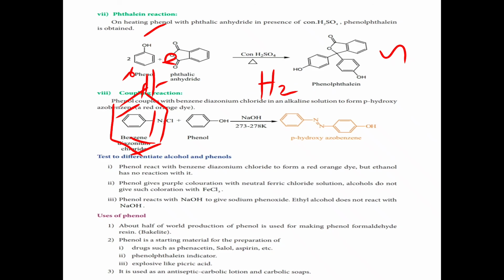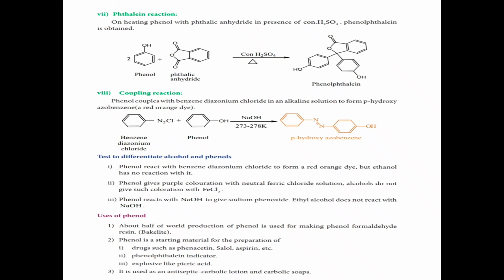Yes, the next one is the coupling reaction. This is also a very important reaction. Here the dye is prepared. How is the dye prepared? Otherwise called the coupling reaction, or para hydroxyazobenzene. Three different types of questions may arise in the examination. Benzene diazonium chloride plus phenol gives, with NaOH at 273 to 278 Kelvin. Here H from phenol and Cl from benzene diazonium chloride combine and HCl is removed. The OH remains as it is, and the N2 remains as it is.